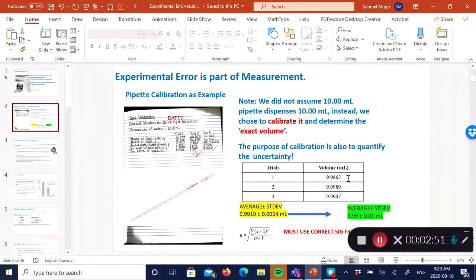And then you tried again, you didn't get the exact same volume, you got a slightly different volume. If you tried it again, you're going to get a different volume. And when you average and do the standard deviation of all those values, you get the uncertainty. And so you can see that experimental error is really part of measurement. You just need really to be able to quantify it.